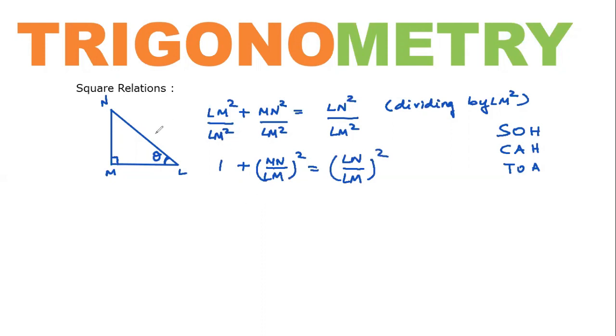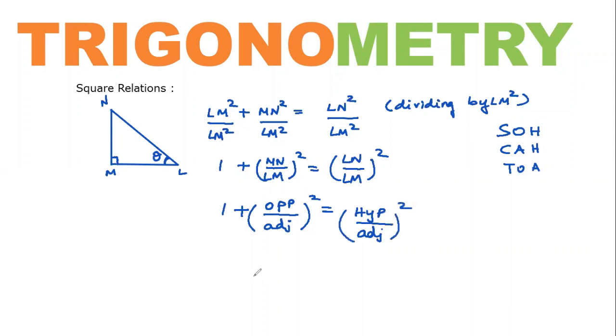With respect to theta, MN is opposite upon LM is adjacent whole square. LN is hypotenuse over LM is adjacent whole square.